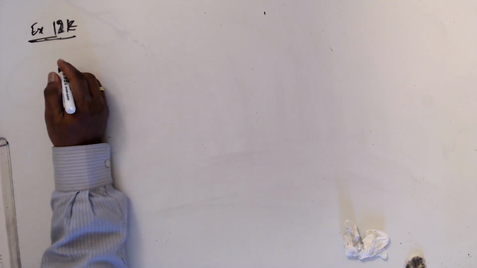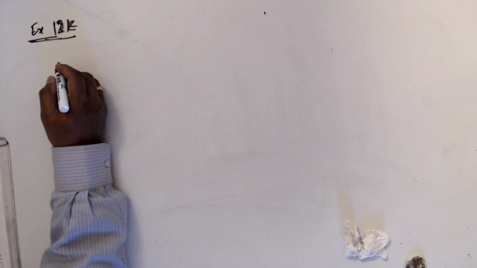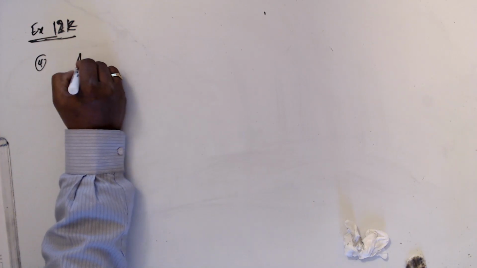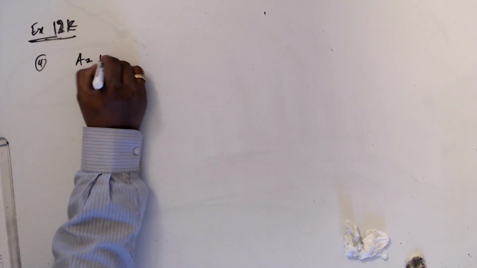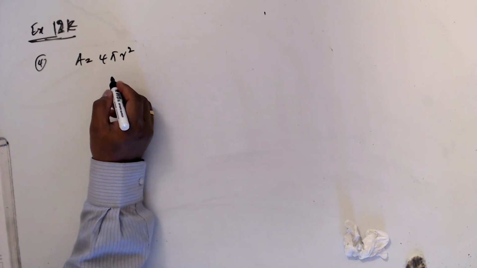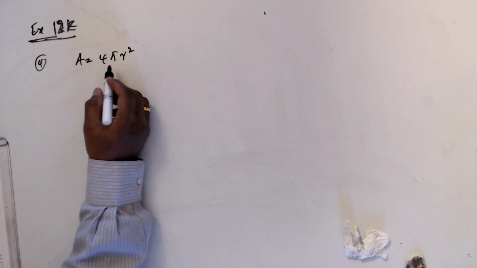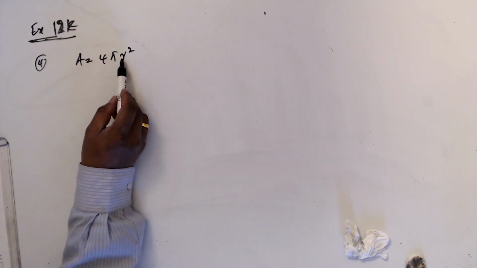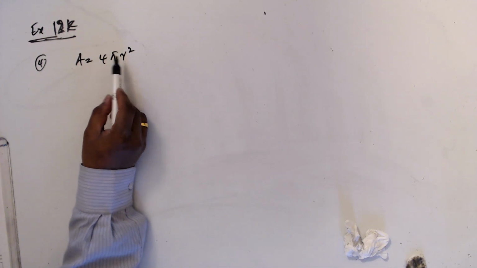Question number 4. The surface area in square centimeters of an expanding sphere of radius r. It is given A equal 4 pi r square. Then what we need to do is find the rate of change of area with respect to radius first.